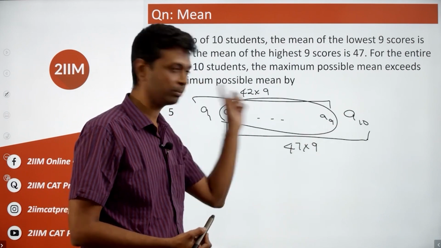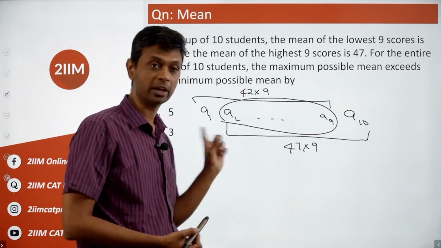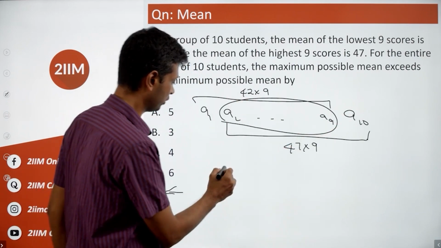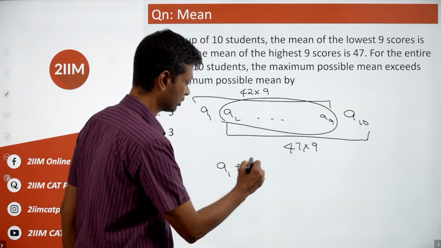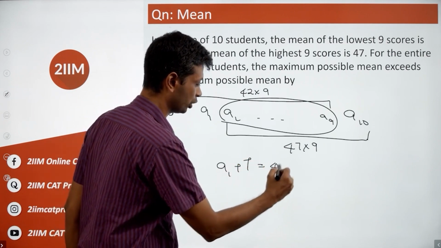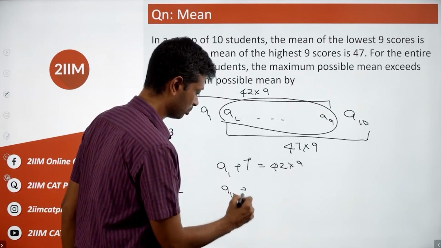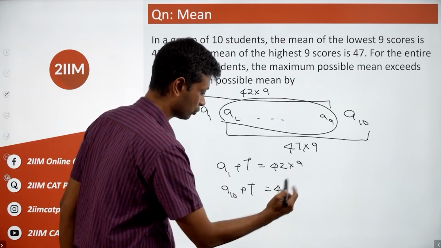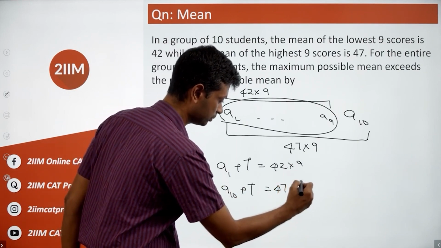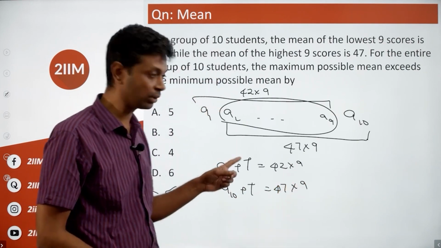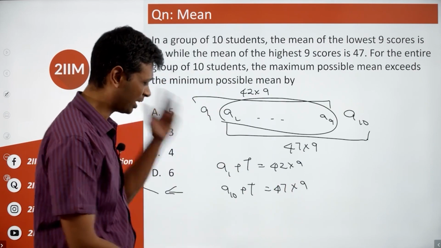You subtract one from the other, you can get A10 minus A1. And so I want to write this down differently. A1 plus this total is 42 into 9. A10 plus this total is 47 into 9. This total is everything from A2 to A9. Okay. You subtract one from the other.